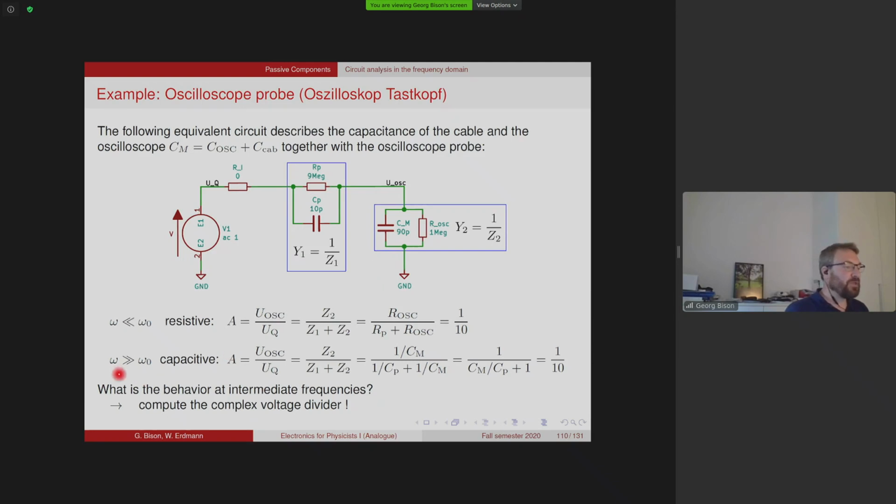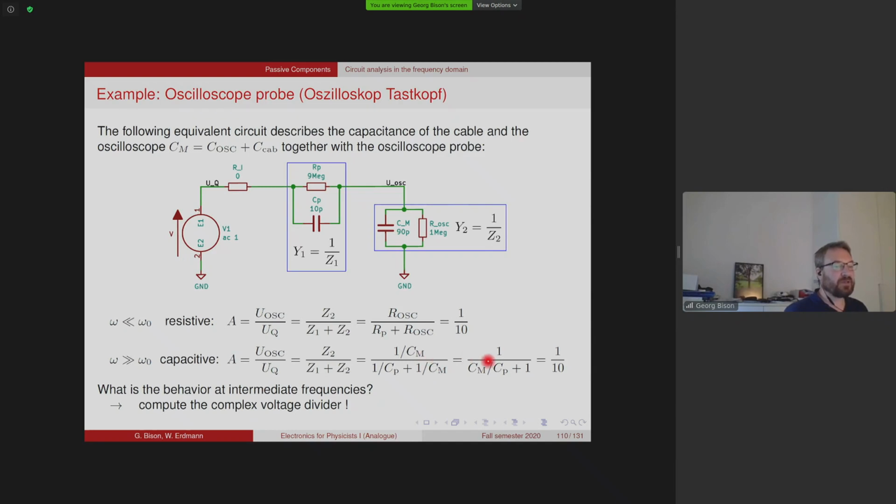Now, if we go to really, really high frequencies, then the resistors don't play a role because the capacitors here are much more conductive than the high values of those resistors. So we can do the calculation simply for the capacitors. Again, we see this is a voltage divider. We write down the voltage divider formula. We put in the impedances of the two capacitors.